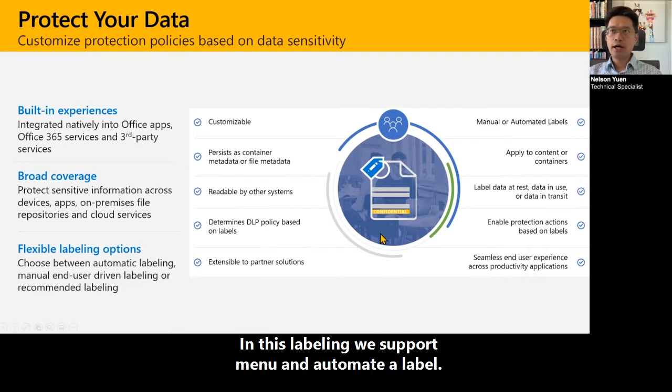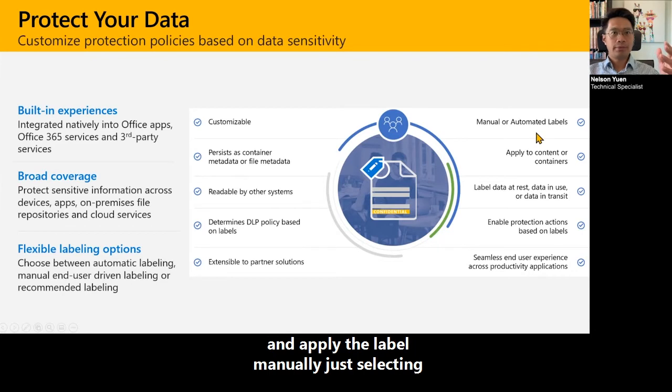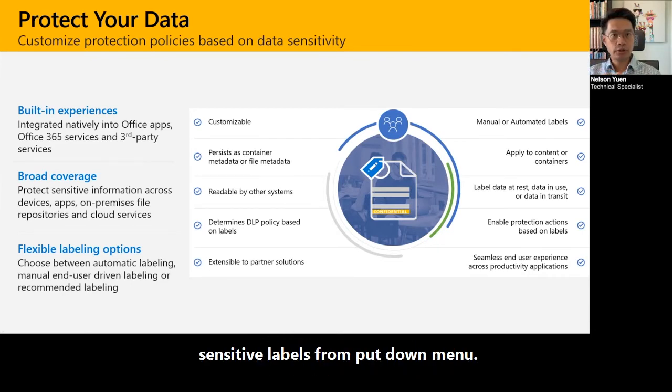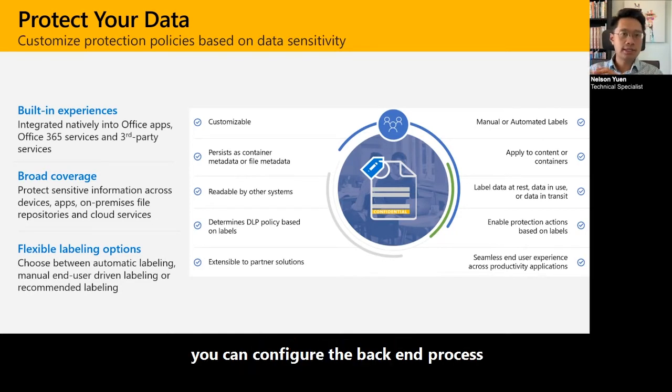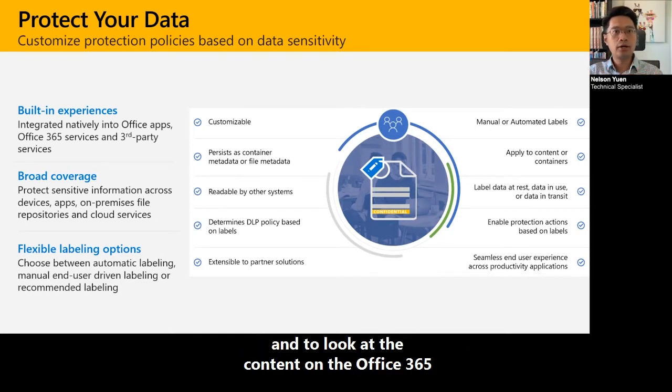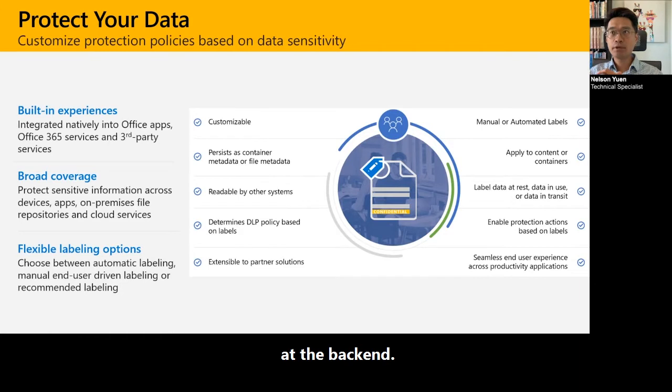This labeling supports both manual and automatic labels. For example, a user can open a Word document and apply the label manually, just selecting a sensitivity label from the pull-down menu. Also, if they don't do that, once they put the file in OneDrive or SharePoint, you can configure a back-end process to look at the content in Office 365, and we apply the label for the user automatically at the back end.